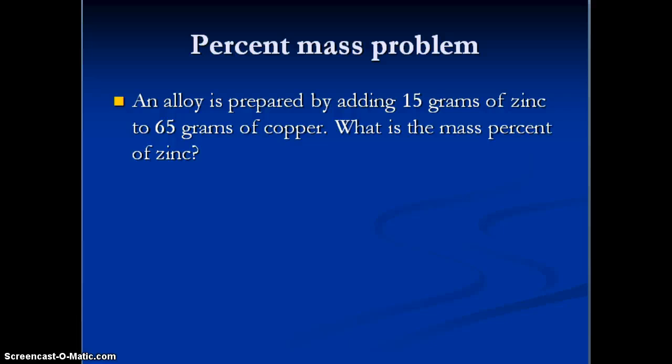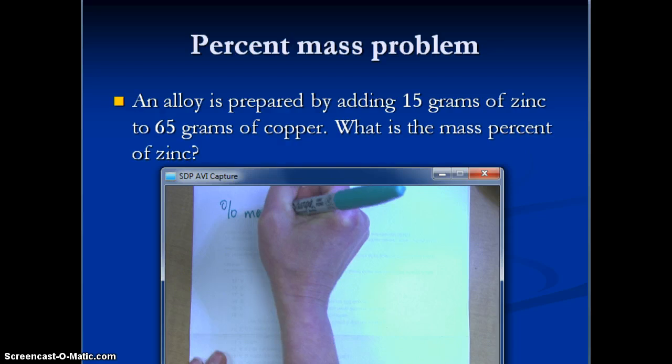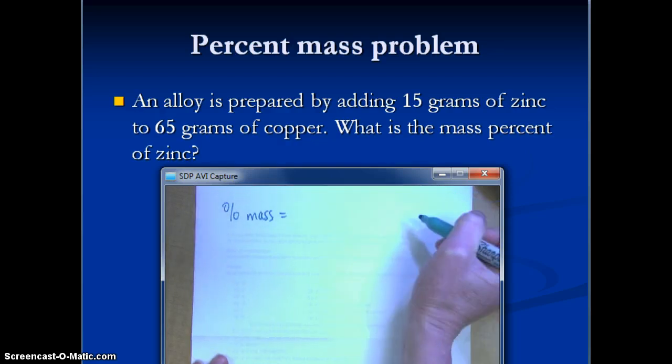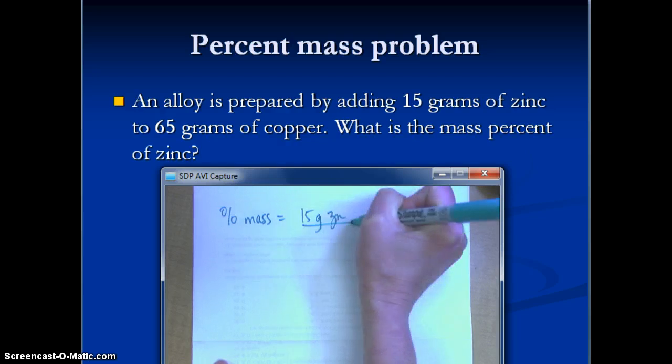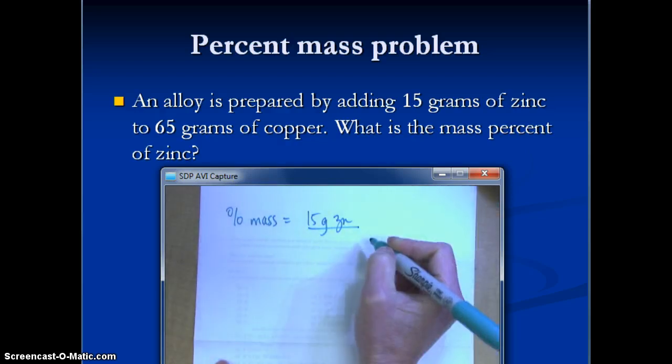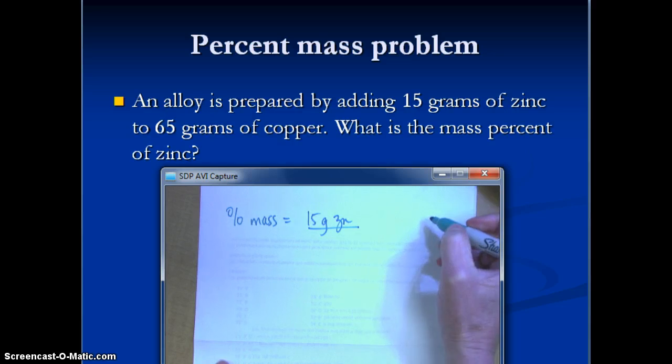So if we have an alloy prepared by adding 15 grams of zinc to 65 grams of copper, what is the mass percent of zinc? And so we would just take percent mass equals the mass of the solute, which is 15 grams of zinc, divided by the mass of the solvent and solute, or the mass of the solution.